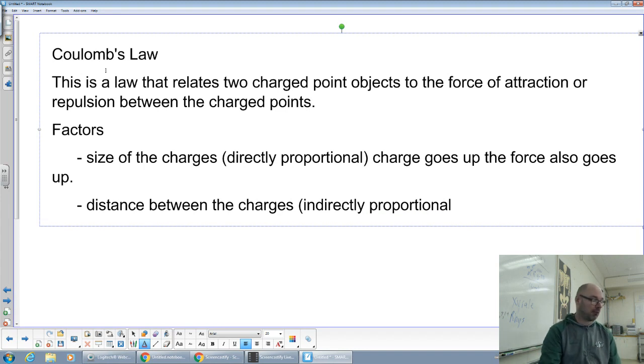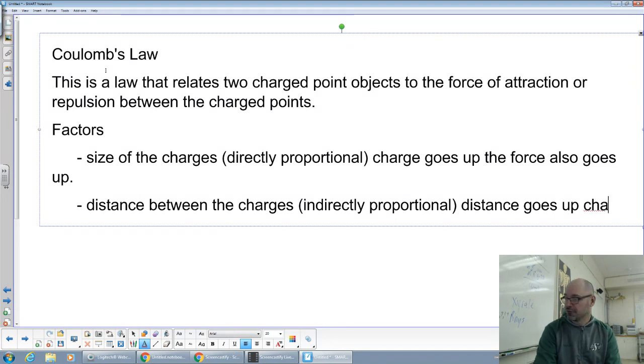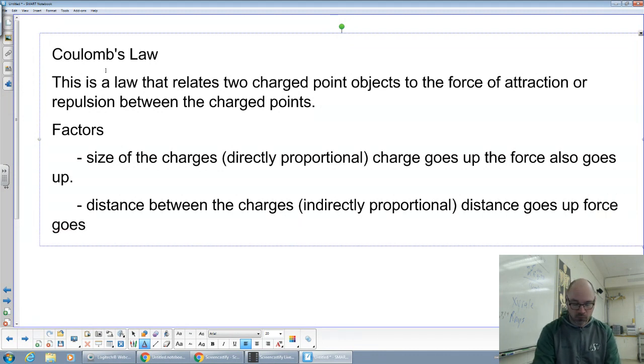And in fact, they're inversely proportional to the square. Okay, distance goes up. So the farther apart they are, the force goes down, sorry.